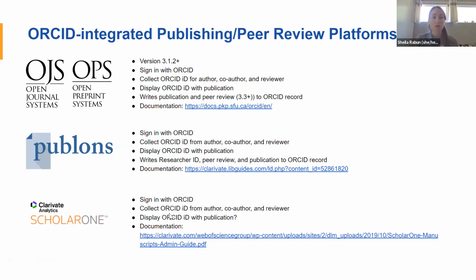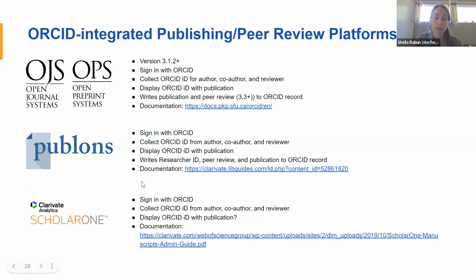So as you can see, there are several platforms out there that are used by university presses and others, and they have different degrees of ORCID integration. Some of them will write things to ORCID and others don't. It just depends on what system you're using.